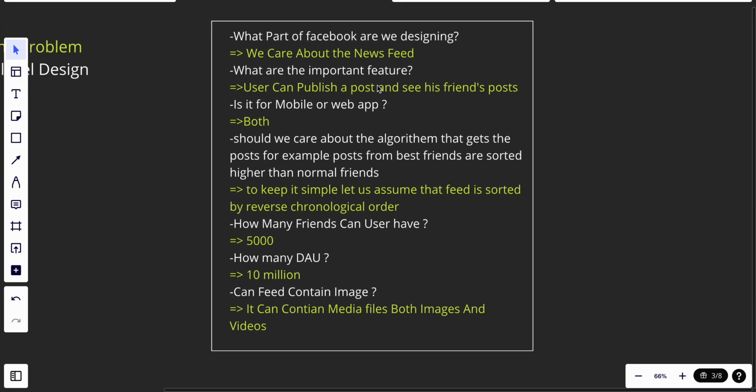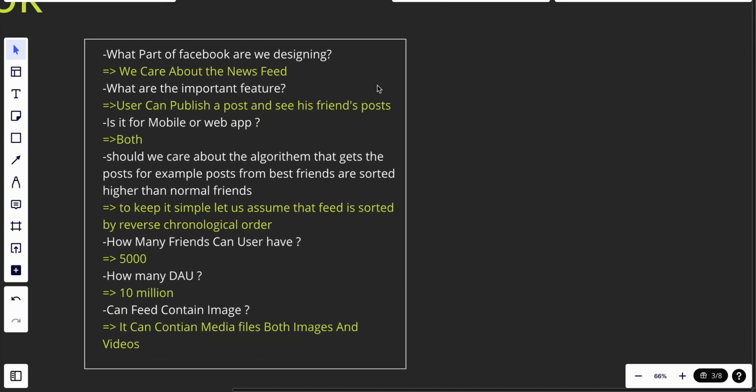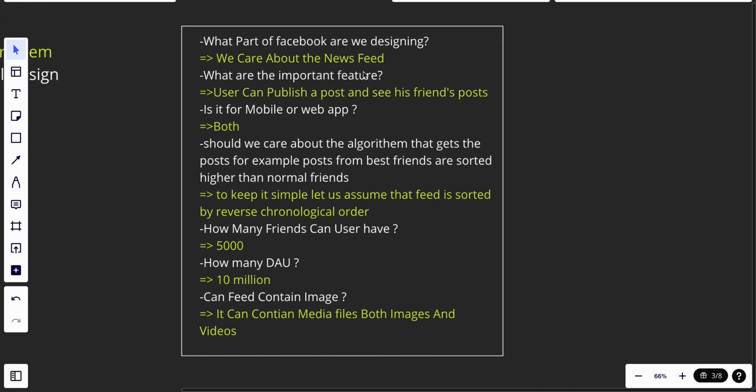So we are building a newsfeed system, and we have the functional requirements and the non-functional requirements. Let's just say that the functional requirements are that the user can create or get a post, and the user can upload media to any post.